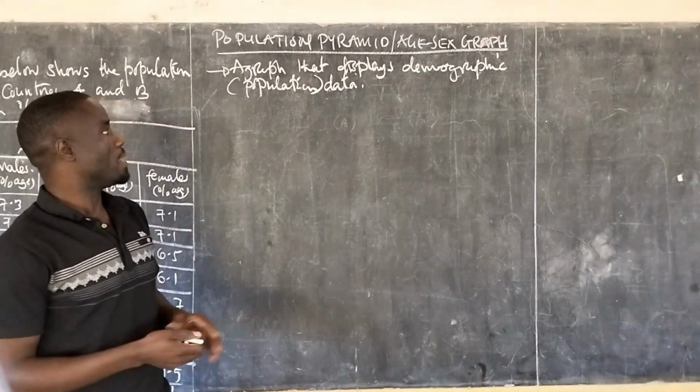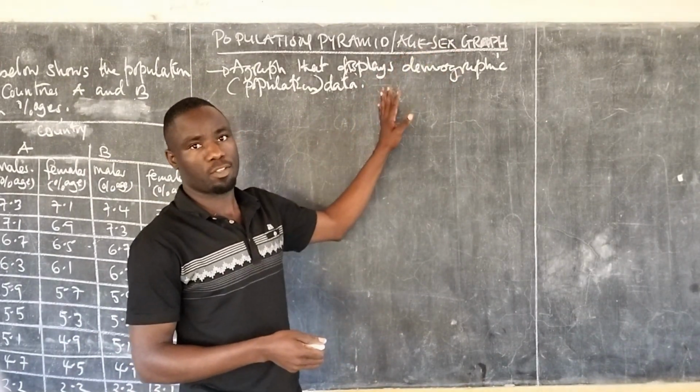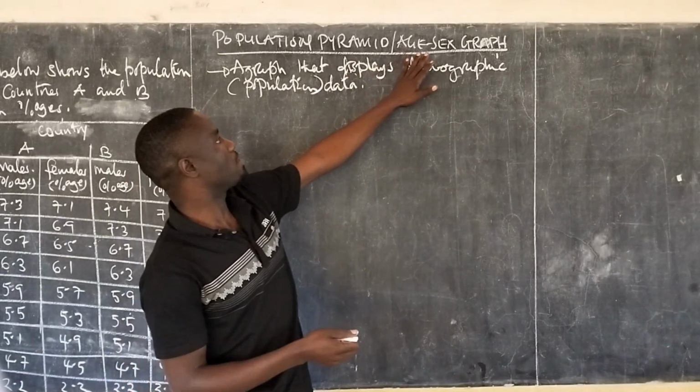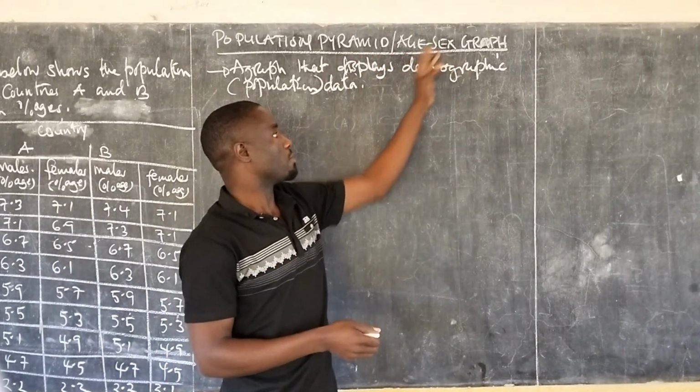This graph basically portrays age and sex characteristics, and that's why we say age sex graph.